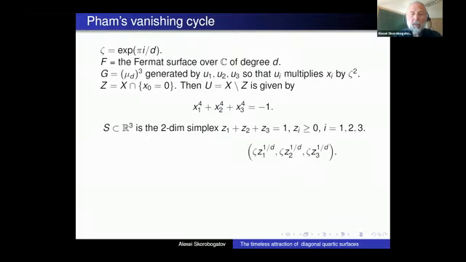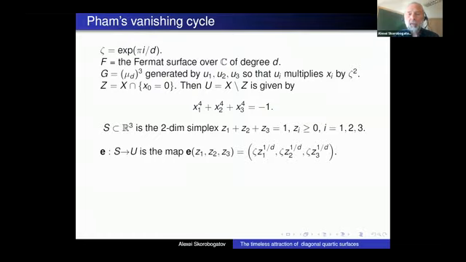So let's consider the continuous map from this two-dimensional simplex to a complex manifold given by this formula. So zeta is this root of degree 2d. That's why the image lands in U with the right-hand side -1. And that's a cell, okay? But it's not a cycle because it has non-trivial boundary.